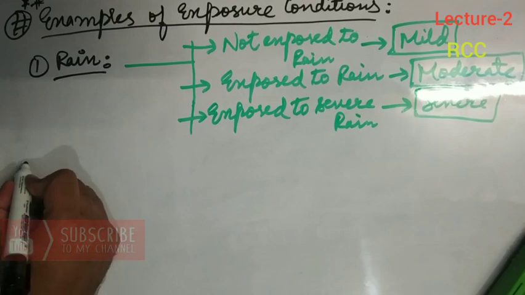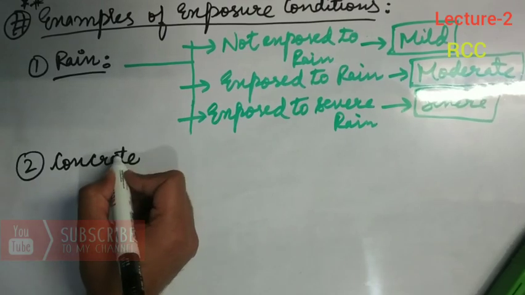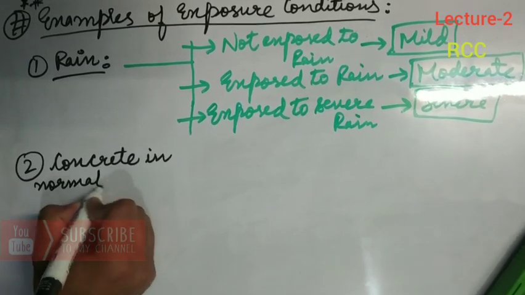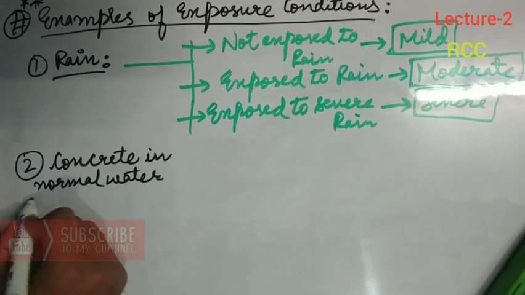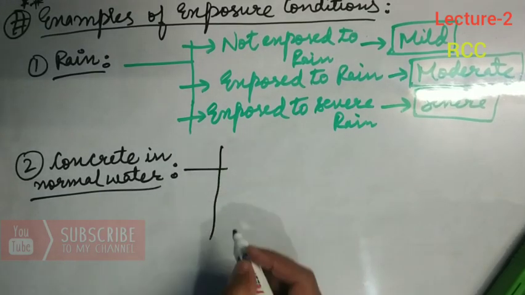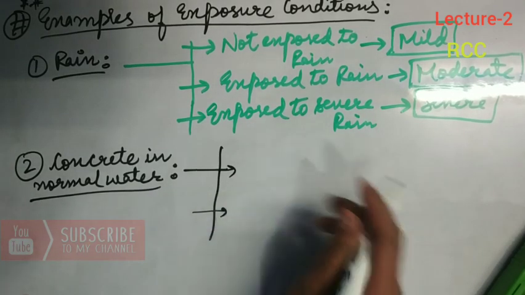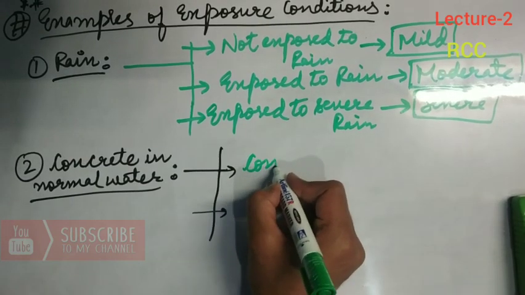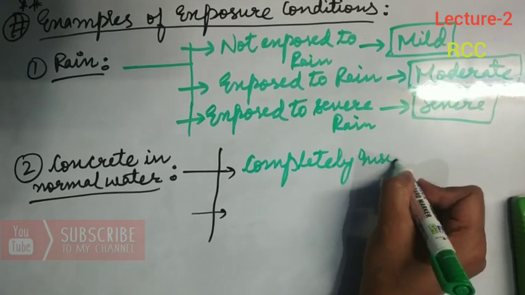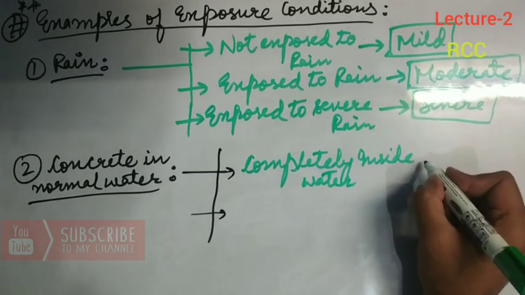Now second is in case of concrete in normal water. So under this we have 2 conditions. First one is completely inside water. So if a structure is completely inside water, then the exposure condition will be moderate.